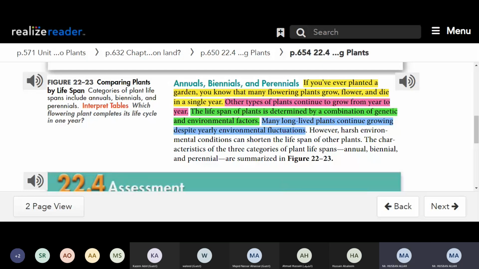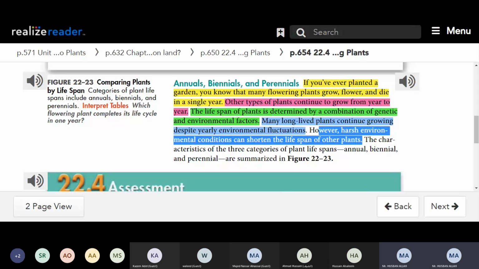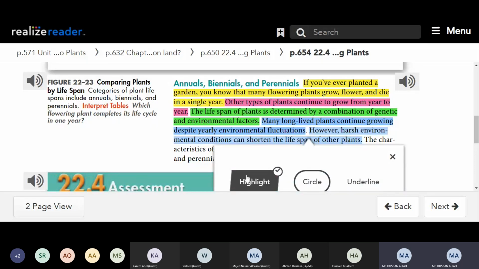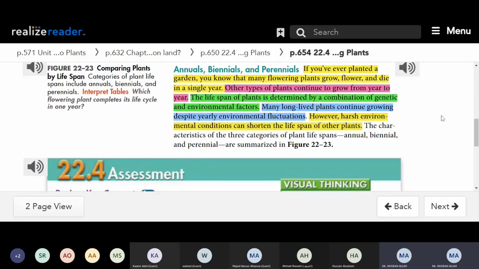The change of global warming is occurring. Many long-lived plants continue growing despite yearly environmental fluctuations. However, harsh environmental conditions can shorten the lifespan of other plants. So this is one environmental condition which can influence the life of a plant. Not even plants, all organisms.